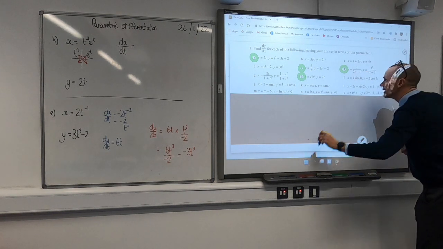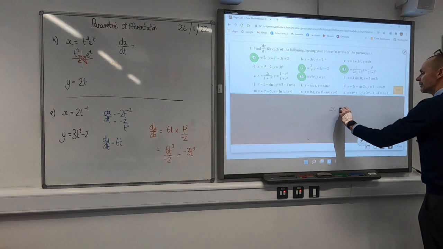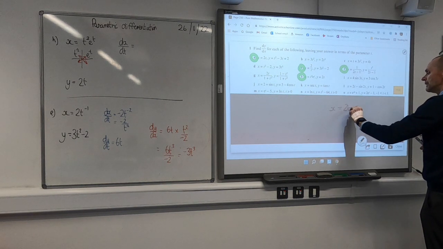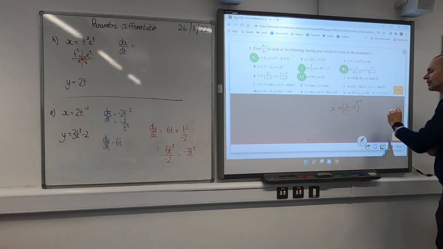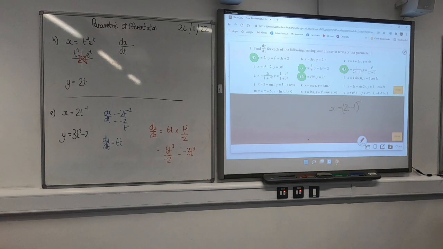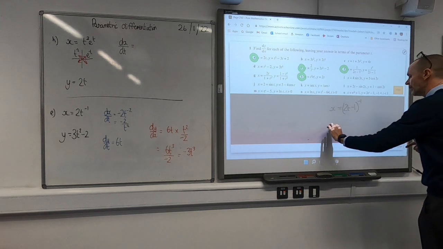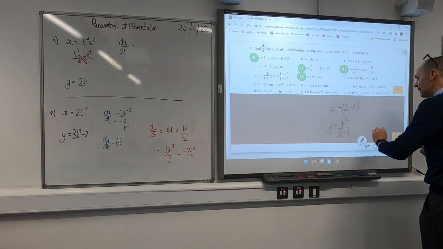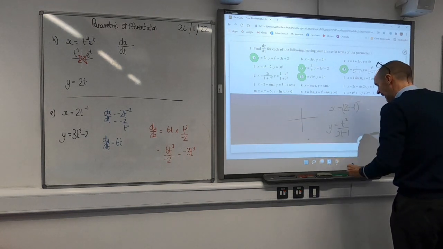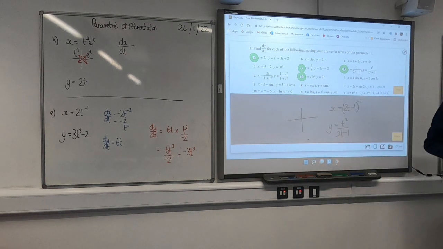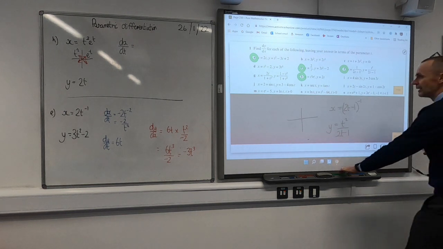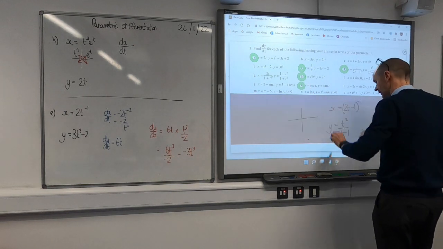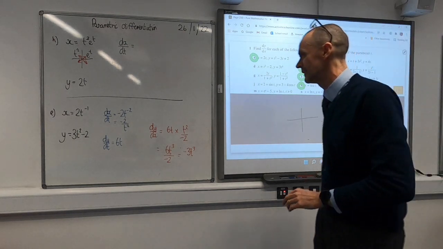So you can just differentiate it using the brackets method, but this one you do need to use the quotient rule, which remember is very similar to the product rule and is on the formula sheet.